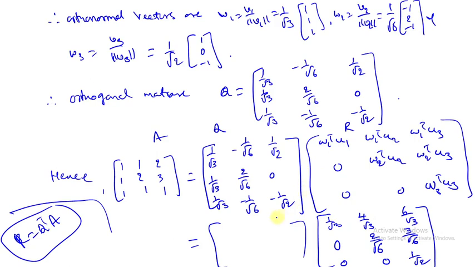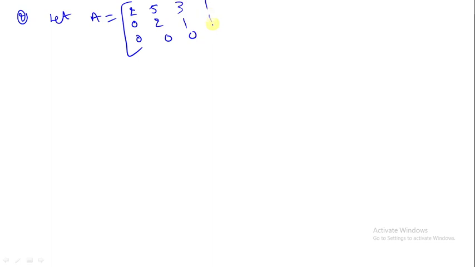Now we'll try examples. I'm writing that one. Now we see the second example. Let A equal to 2 0 0 5, 2 0 3 1, 0 1 1 1.